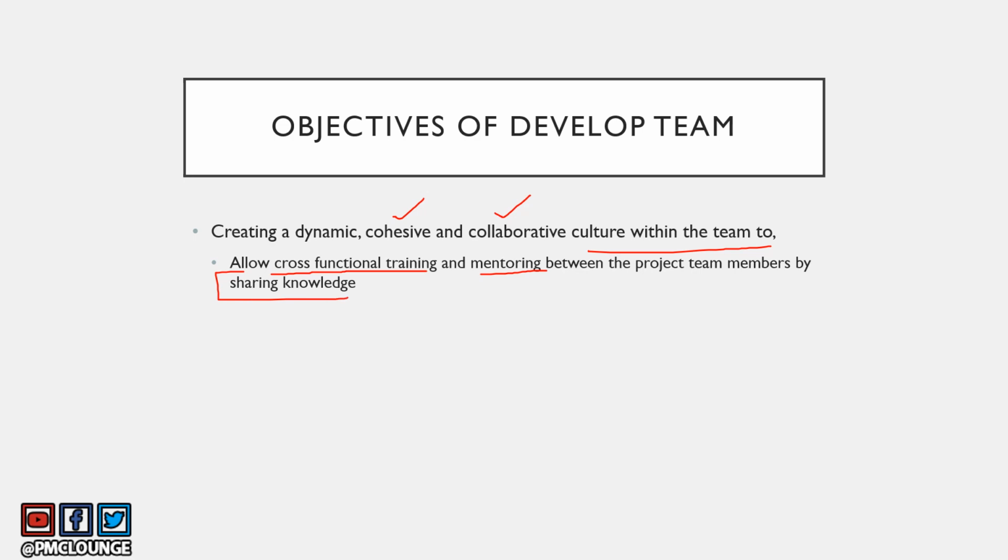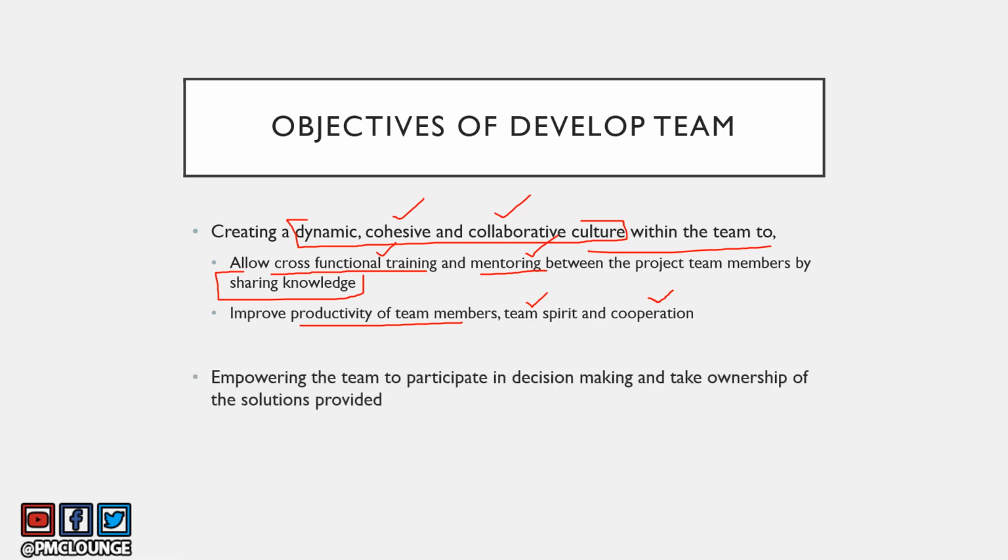So they can share knowledge so that they can mentor each other and they can do cross-functional training as well. Very, very important. Also, second point is it is going to improve productivity of the team members. It is going to improve team spirit. It is going to improve cooperation. So that is how you create a dynamic, cohesive, and collaborative culture within the project team.